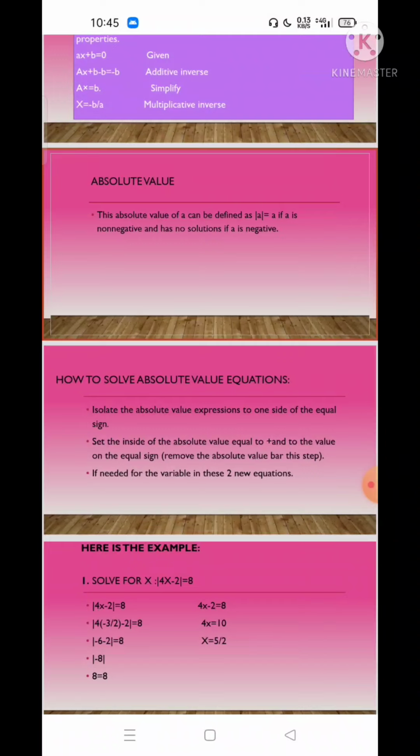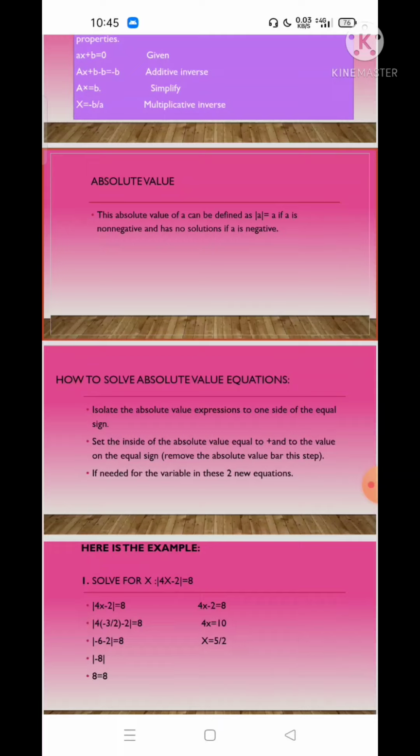So here is the example. Number 1, solve for x: |4x - 2| = 8. So 4x - 2 = 8, and then, second, 4(-3/2) - 2 = 8, and then -6 - 2 = 8.